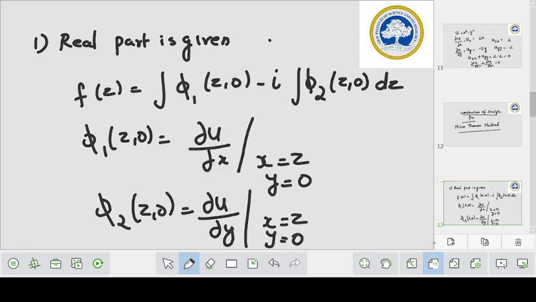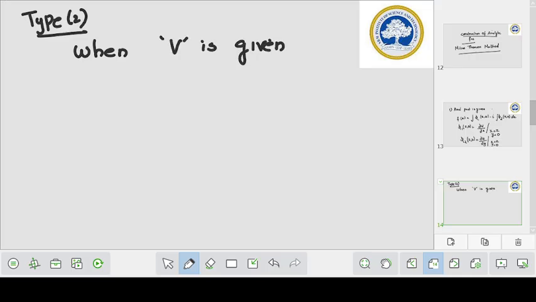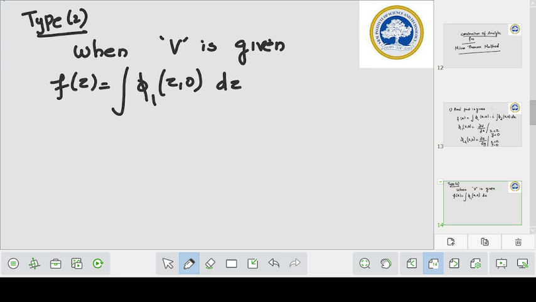Similarly, you can construct the analytic function when the imaginary part is given, that is type 2, when v is given. Here your f of z is the integral of phi 1 of z comma 0 dz plus i into the integral of phi 2 of z comma 0 dz.